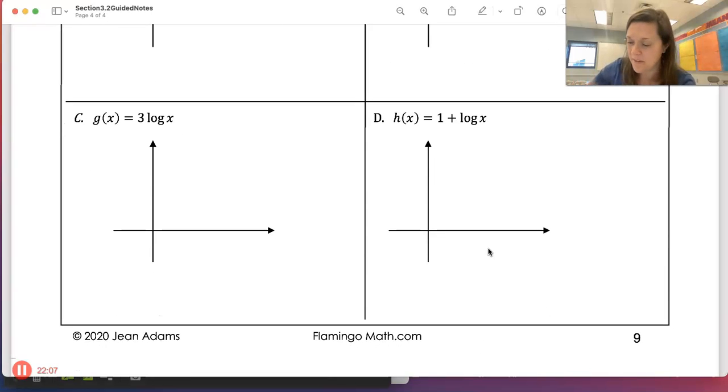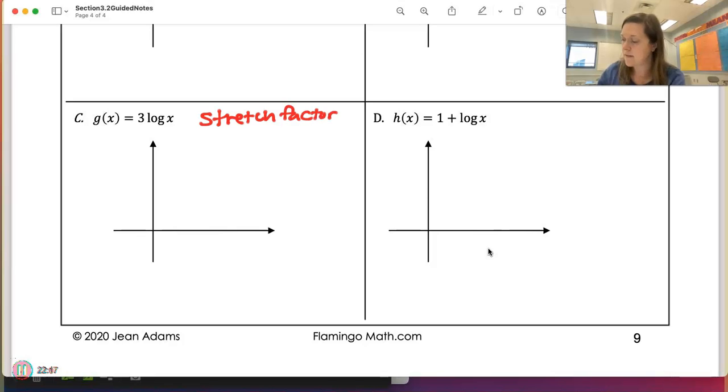See? Now we've got a log graph. It just means it's base 10. The shape's still going to look the same, except for the 3. We have a 3 out in front, so that means we're going to have a vertical stretch factor of 3. My vertical asymptote's not moving, so that's going to stay at x equals 0.